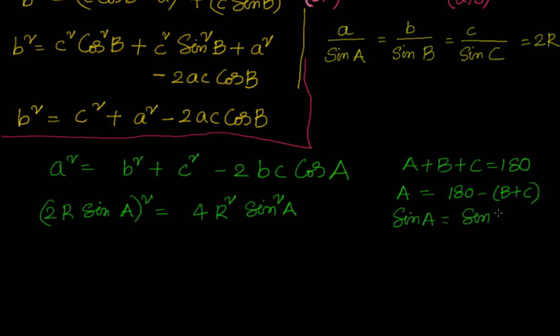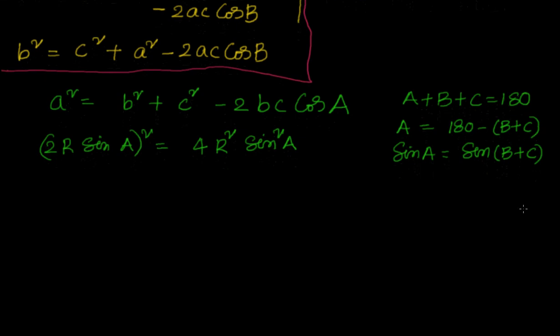Why? Because sine is positive in first and second quadrant. So sine of 180 minus theta is sine theta. Now what this becomes? This becomes 4r square sine of b plus c whole square.